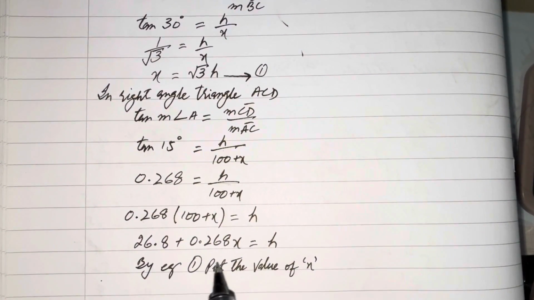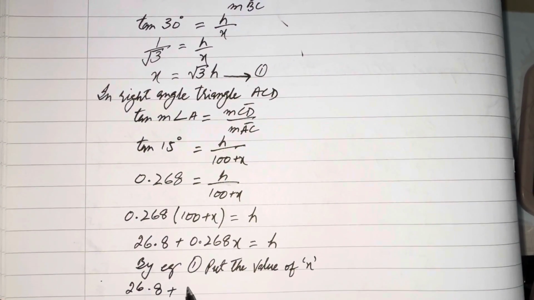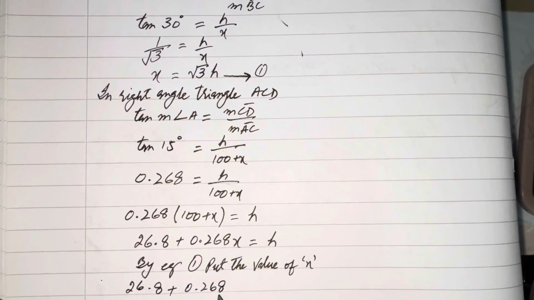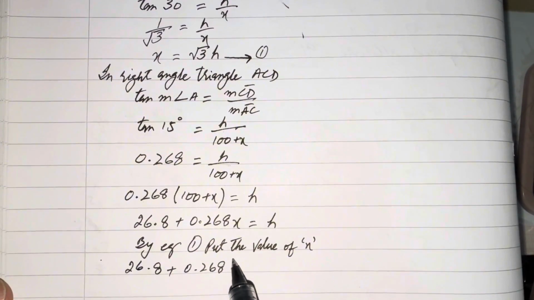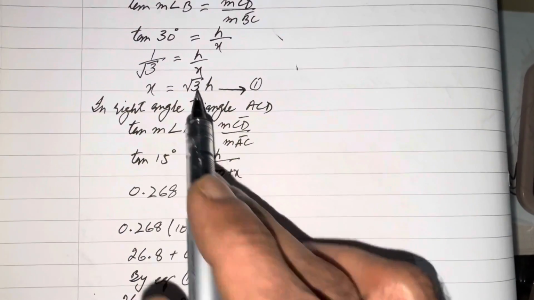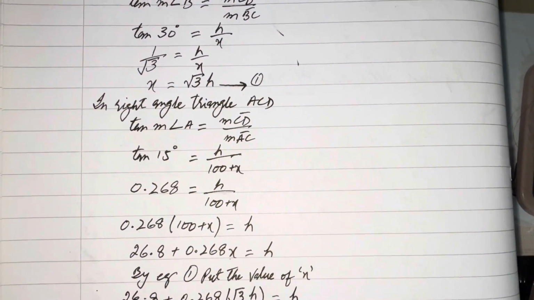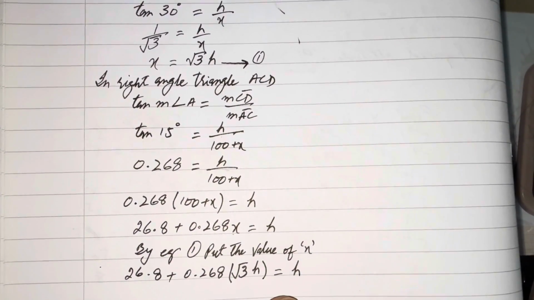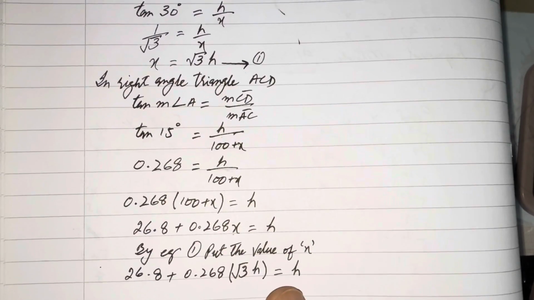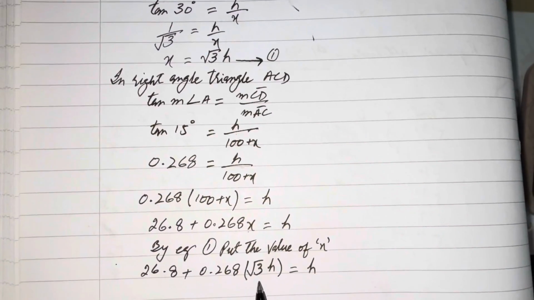So 26.8 plus 0.268 times the value of x, which is root 3 h, is equal to h. Now you can see that the values have been converted into h, which represents the height of the pole, and we have to find the value of h.